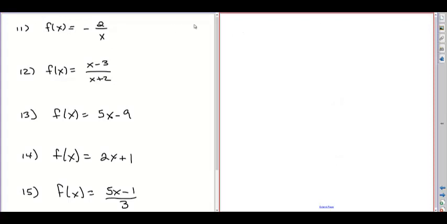Okay, number 14. So we're going to replace f of x with y. Switch x and y in the equation.